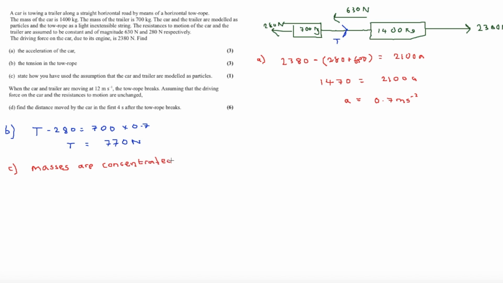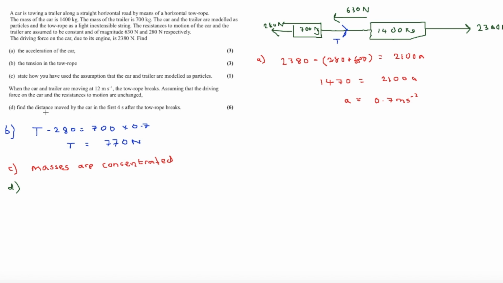Then the final question, which goes back to some more maths, is saying find the distance moved by the car in the first 4 seconds after the tow rope breaks. And this says that when the car and trailer are moving at 12 meters per second, the tow rope breaks. So therefore, I think we're going to be using a SUVAT here again because we have this idea of the 12 meters per second.